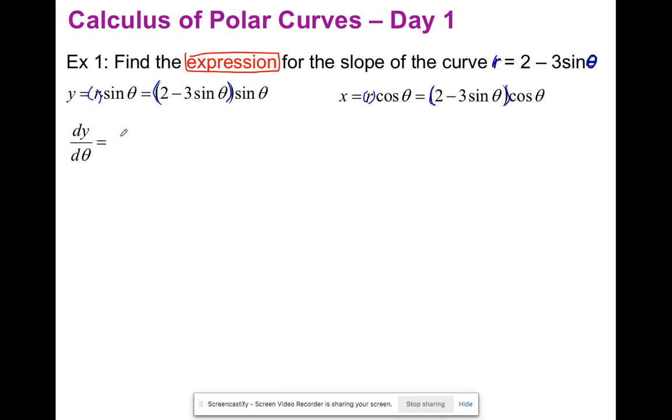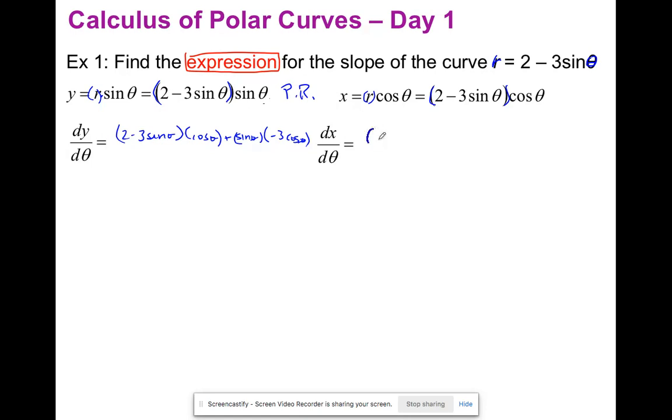Dy d theta then is the product rule. You must do the product rule with both of these, but the product rule never changes. First function times the derivative of the second, plus the second function times the derivative of the first. Dx d theta, product rule.